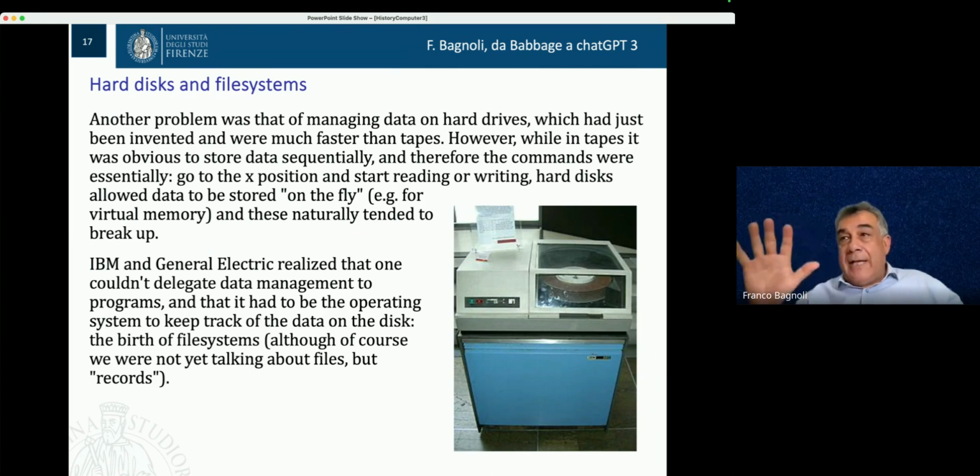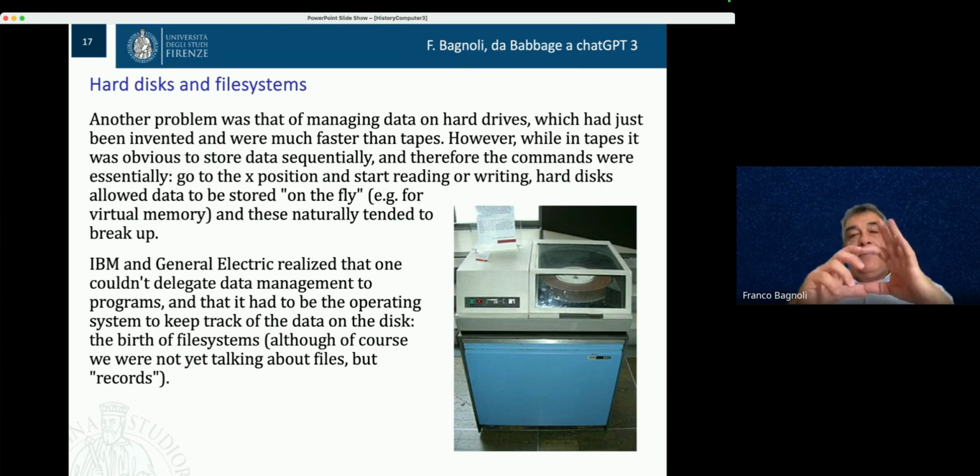There was no directory in the tapes at the beginning. Later, in the cassette type, they used to say at the beginning what was inside. But it was essentially not really usable, because to understand what was inside the tape, you had to go to the beginning of the tape, read the directory, and then maybe go to the end.